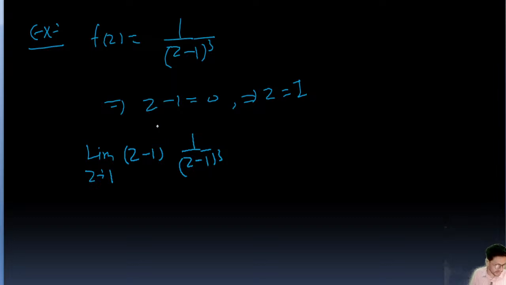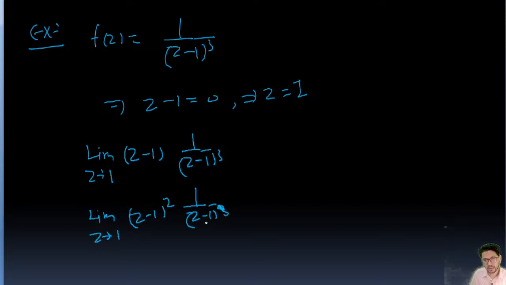First we take (z minus 1) to the power 1, and in that case we are not getting a finite value. Again we take (z minus 1) to the power 2; we take n equal to 1, 2, 3 respectively.